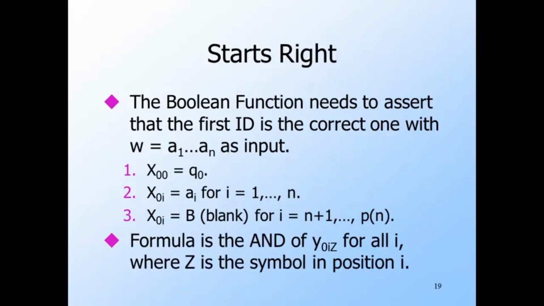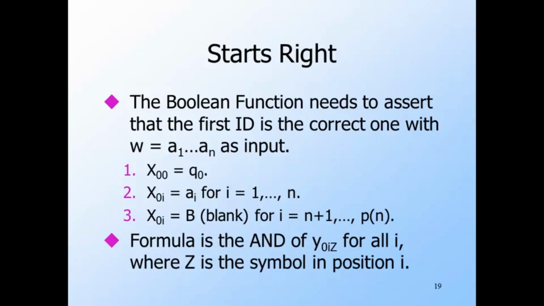But there's a propositional variable for that. Each of the conditions that makes up starts right is of the form some one of the x variables is a particular symbol. But that's what the propositional variables yija do.